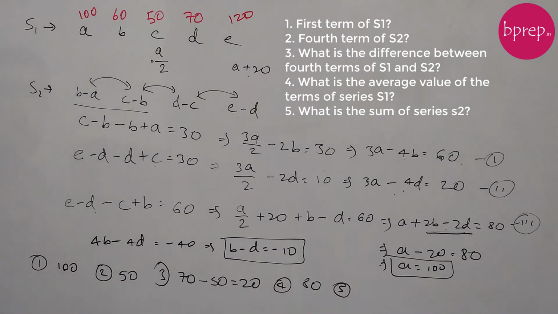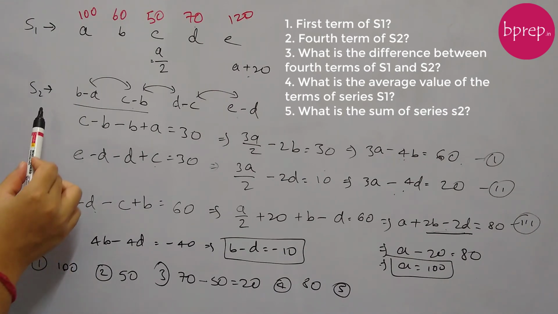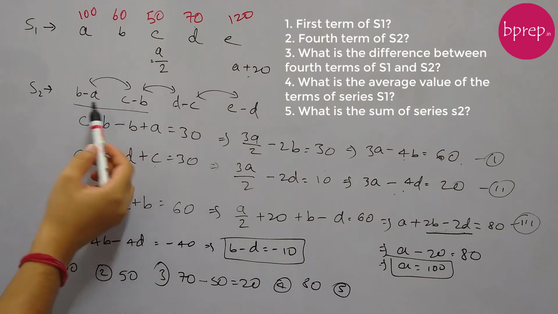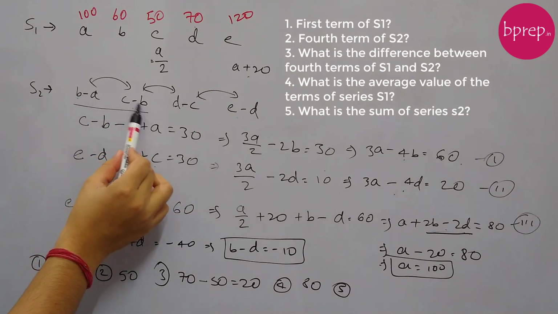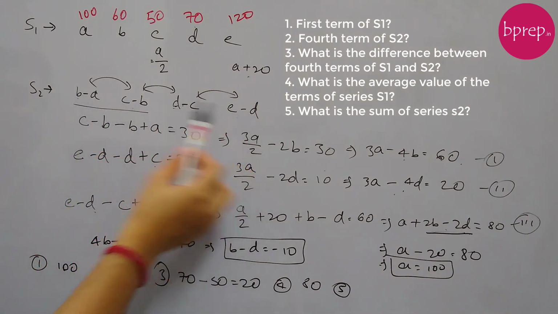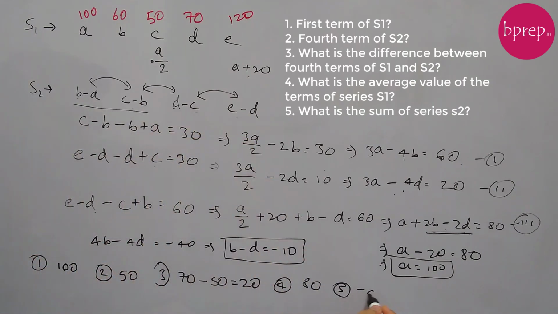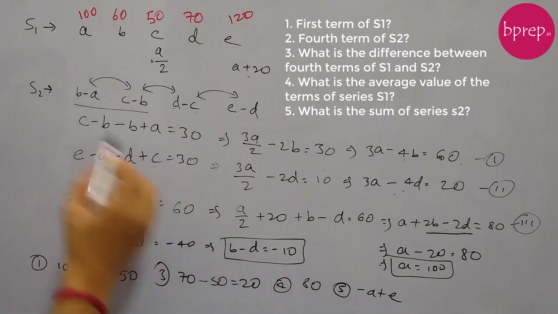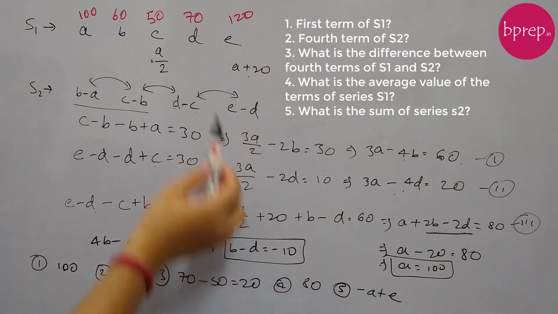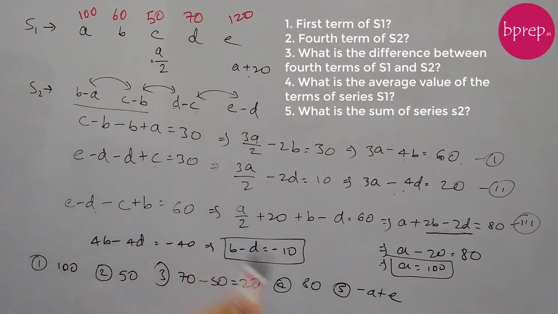And the fifth and last question: what is the sum of series S2? If we add, B will get cancelled, C will get cancelled, D will get cancelled. So the sum of the series will be minus A plus E. E is 120, A is 100, so this will be 20.